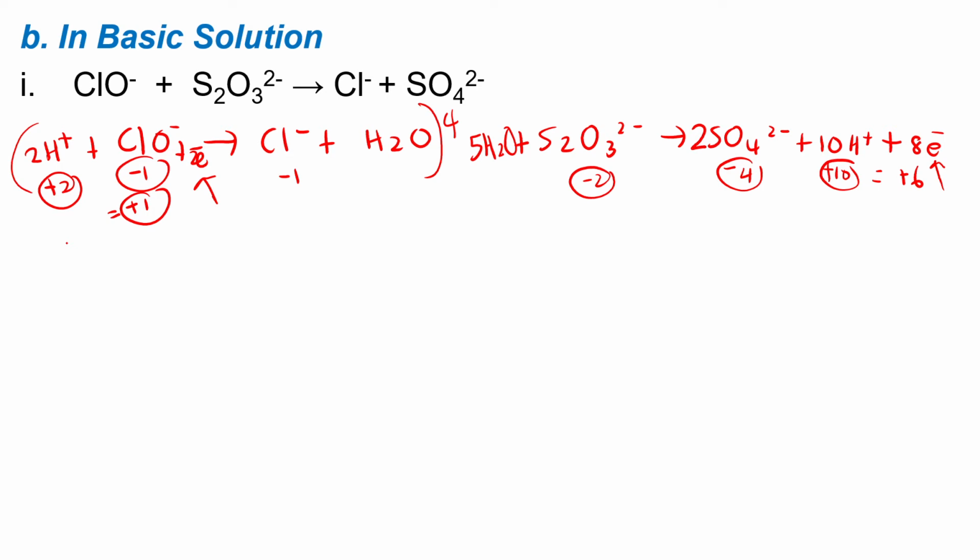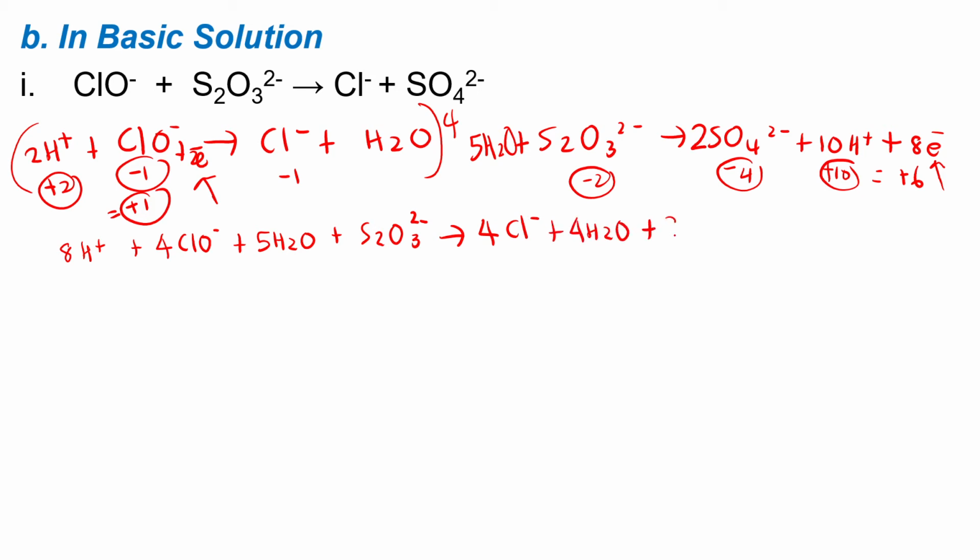So the overall equation should be 8H plus, 4ClO minus, plus 5H2O plus S2O3 2 minus produce 4Cl minus plus 4H2O plus 2SO4 2 minus plus 10H plus.